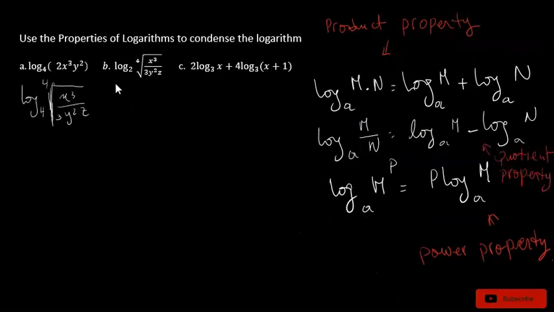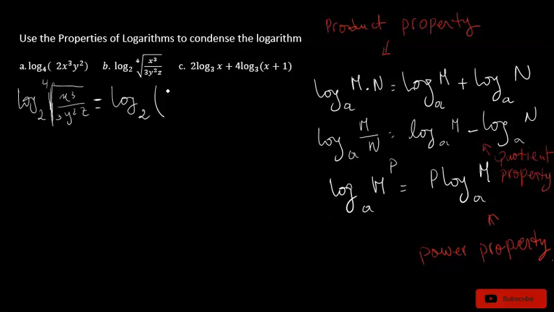For the second example, B, I have log base 2 of the 4th root of x cubed over 3y squared z. I have to rewrite the radical with a rational exponent, which means I have to get rid of the root.